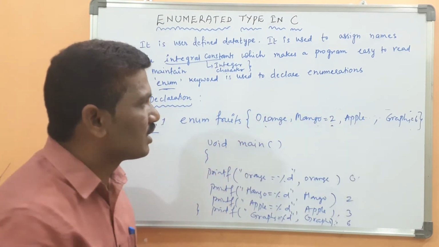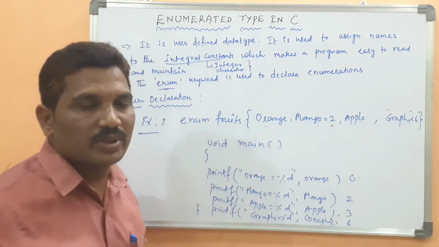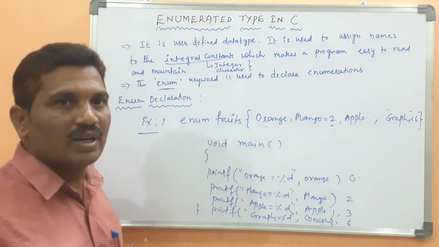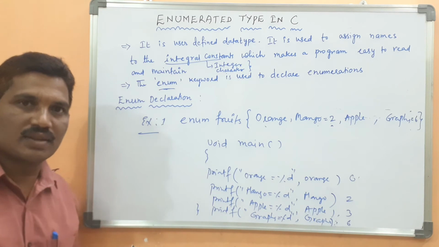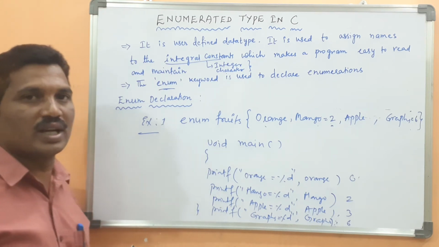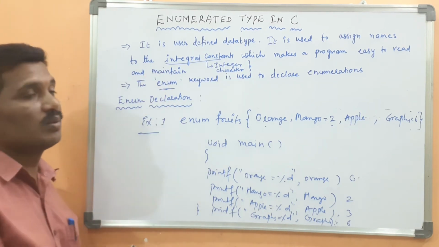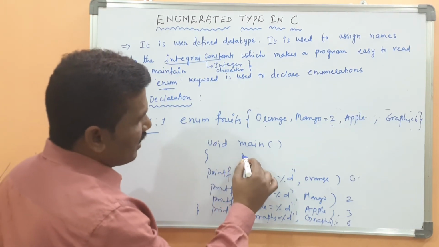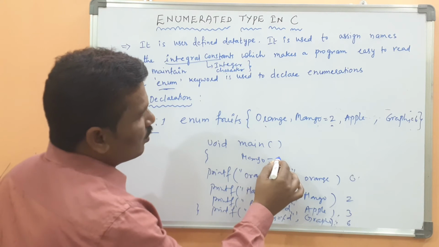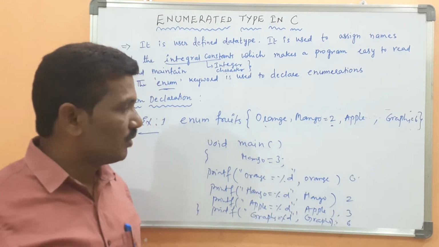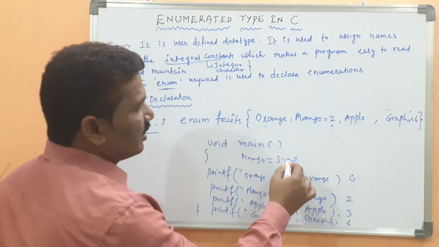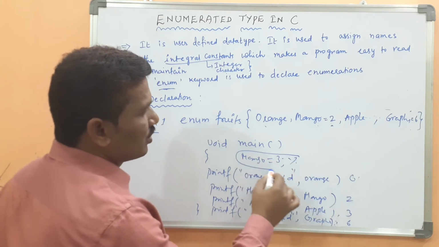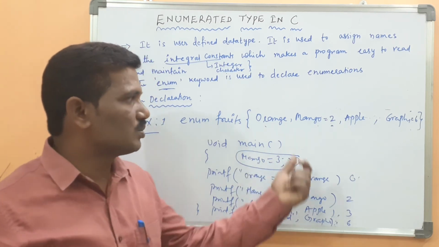It is a constant because the value can't be changed. Whenever a value is assigned some fixed value and you don't change it, generally we use the enumerated type or enumeration concept. Here, suppose mango equal to 3. If you write like this, you get an undefined symbol error because it is not possible to change the value.